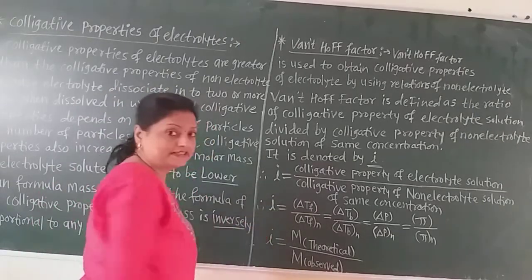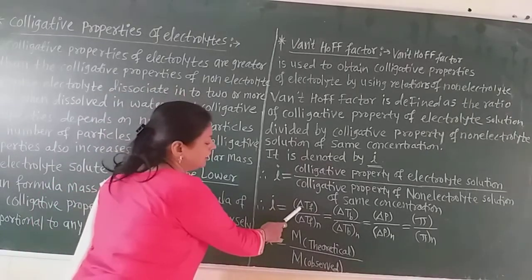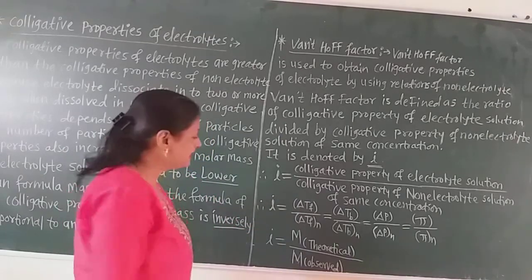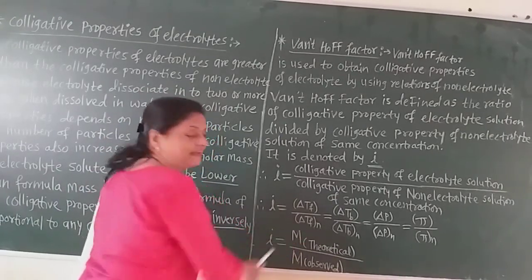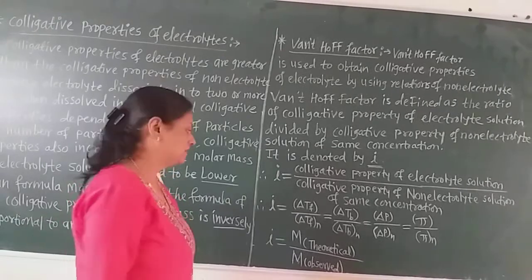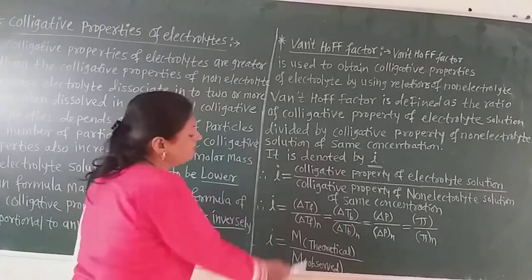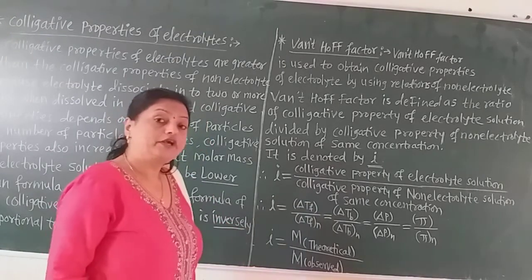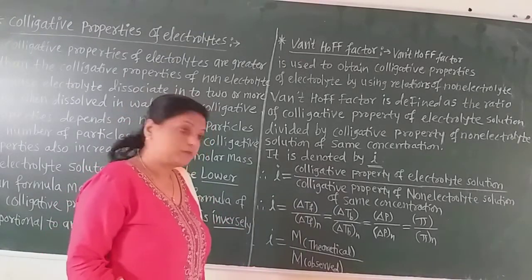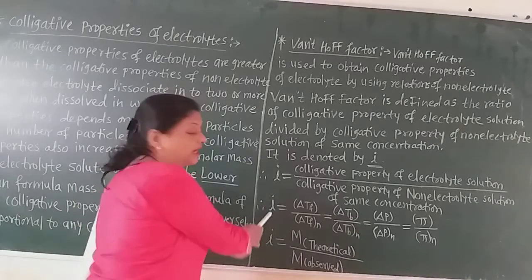i, the Van 't Hoff factor, is equal to the depression in freezing point delta Tf divided by delta Tf n for non-electrolytes. So depression in freezing point of electrolyte divided by depression of freezing point of non-electrolyte of the same concentration gives i.